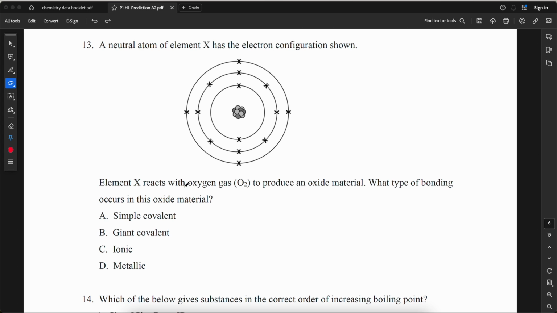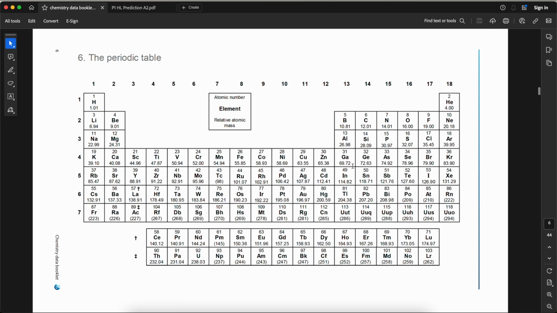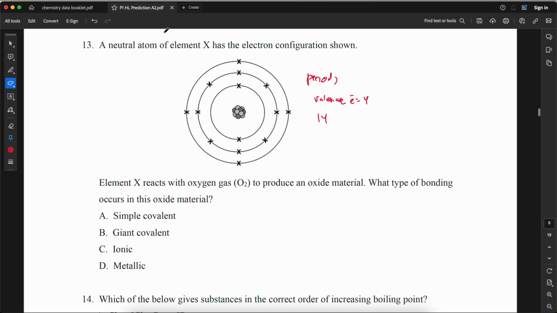A neutral atom of element X has the electron configuration shown. Element X reacts with oxygen gas O2 to produce an oxide material. What type of bonding occurs in this oxide material? It is period 3 because it has 3 shells, and it has 4 valence electrons, and its number of electrons is 2, 8, 4, so 14, definitely Si, so it's silicon.